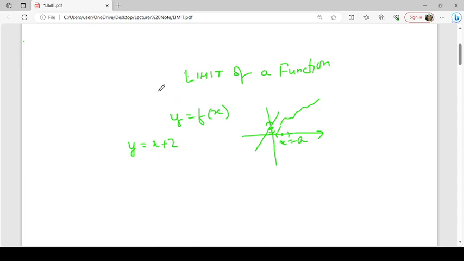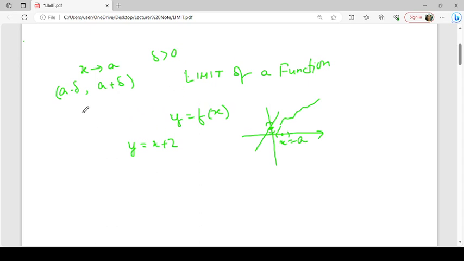Theoretically, when x approaches a, we always consider a neighborhood a plus delta and a minus delta. This is an interval, and delta is a very small quantity, delta greater than 0.